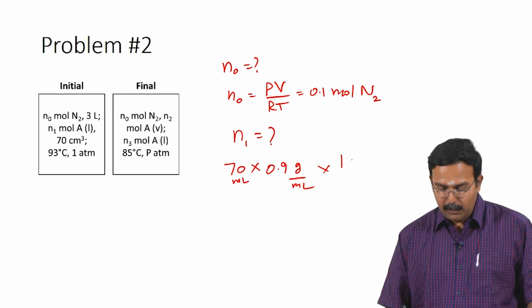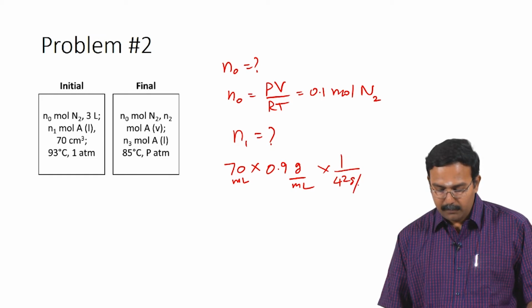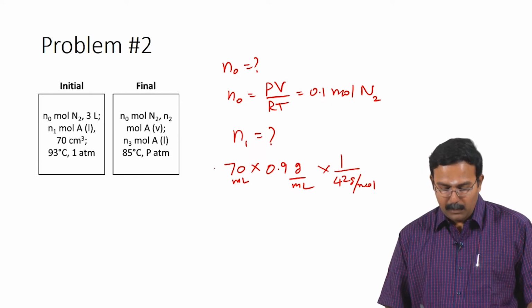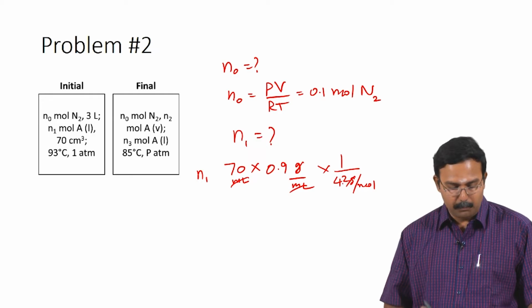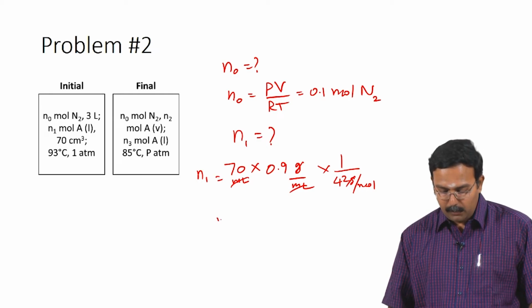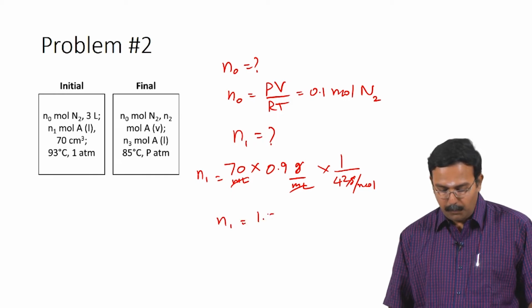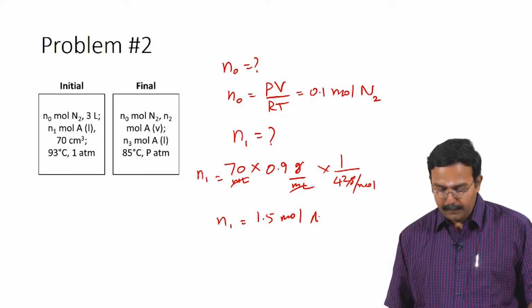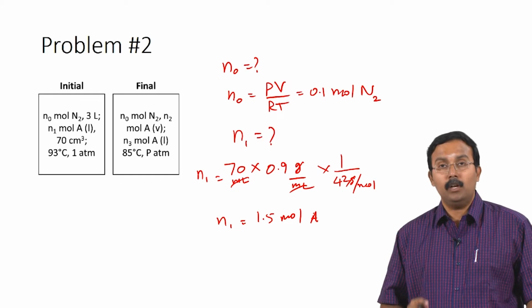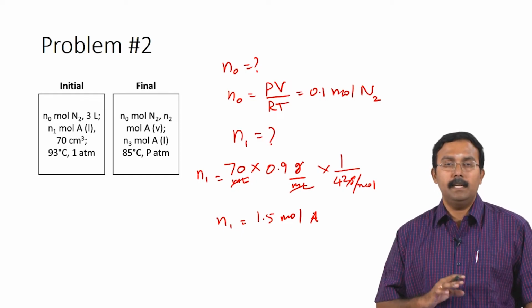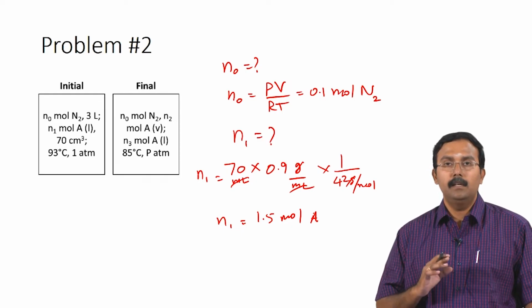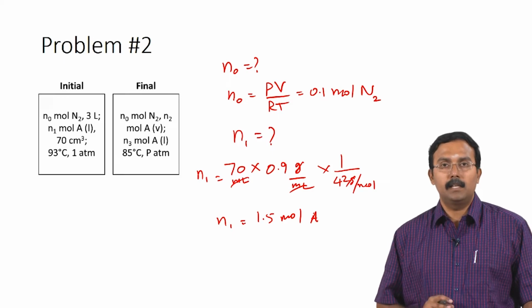We have the molecular weight as 42 grams per mole. Dividing by the molecular weight, we can calculate the total number of moles. The ml gets cancelled, grams get cancelled, and we end up with the number of moles. So, N1 equals 1.5 moles of A. The total number of moles of component A present in the liquid would be 1.5 moles at the initial condition.